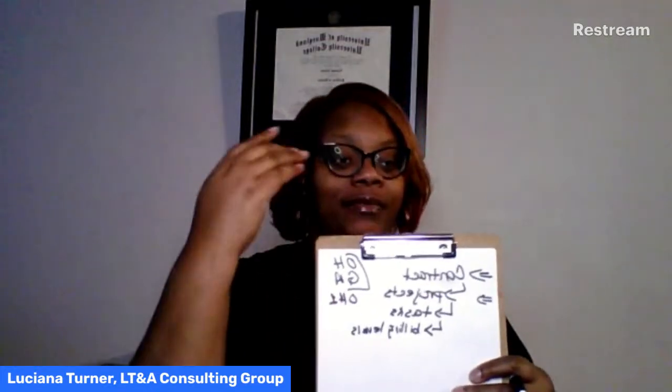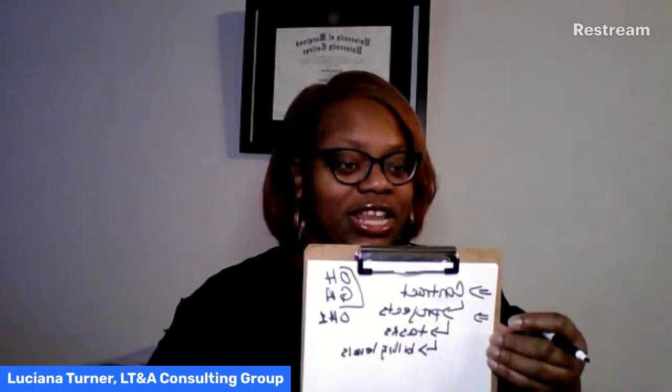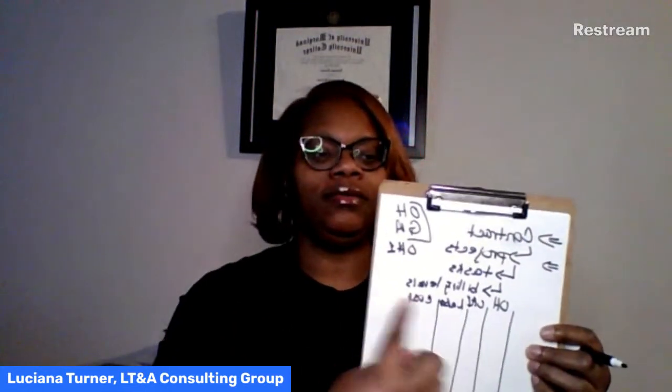Now, I'm keeping it simple, but this is just the levels. Your columns show your overhead, overhead one, your labor, and your other costs, your facility, your other costs are across the top.